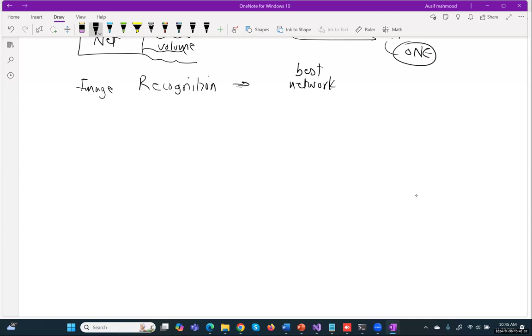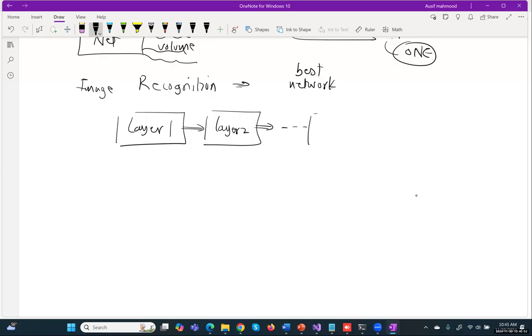So here the idea is like this. Let's create many layers. Let's say layer 1. Its output will feed to layer 2, up to layer n. Okay, then at the very end, put a 2-column linear network.